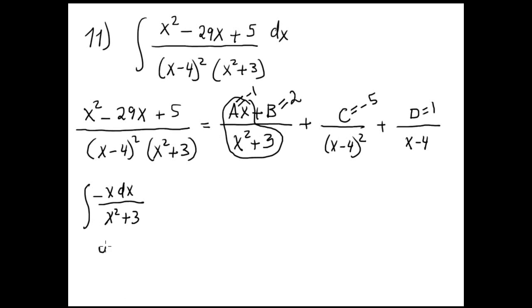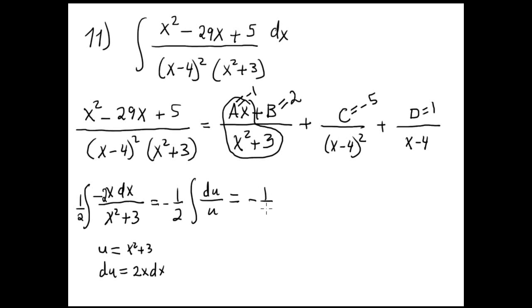I define u as x squared plus 3, du is 2x dx, so multiplication by 2 and divided by 2. We have -1/2 integral du over u, which is -1/2 natural logarithm absolute value of u, and u is x squared plus 3.